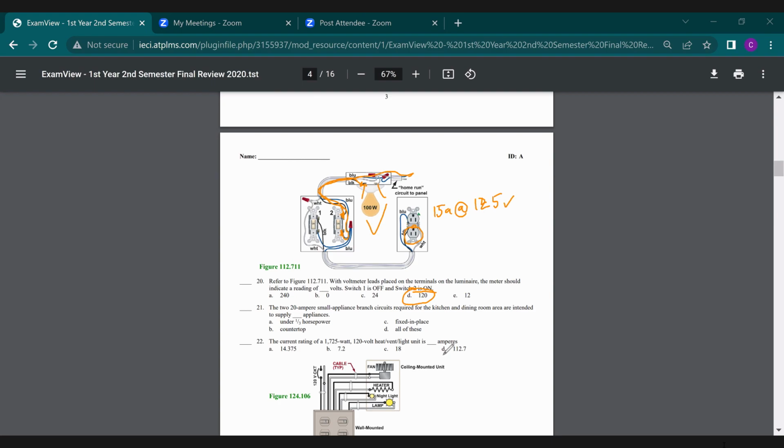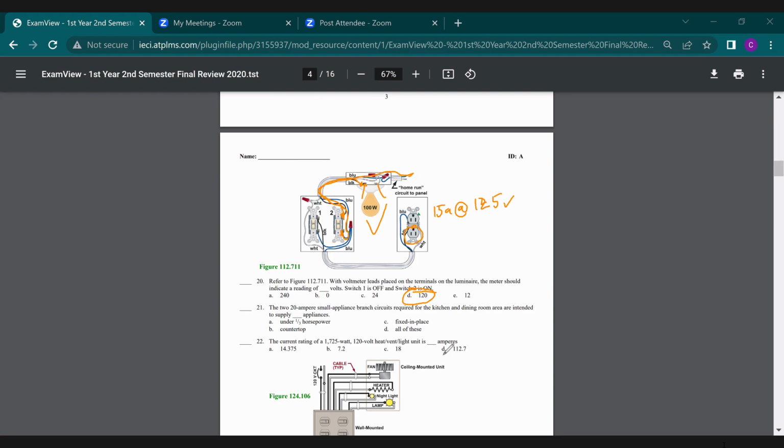That's all cool. But the small appliance branch circuits have to be installed as a part of that countertop work surfaces section. So if it's a part of that countertop work section, then it is countertop appliances.